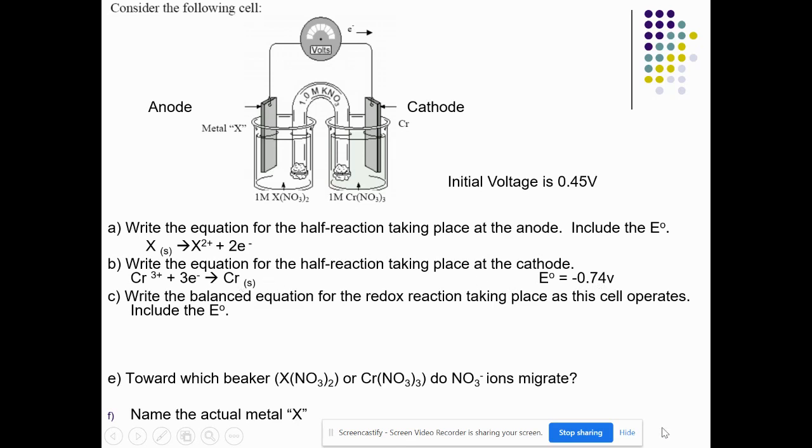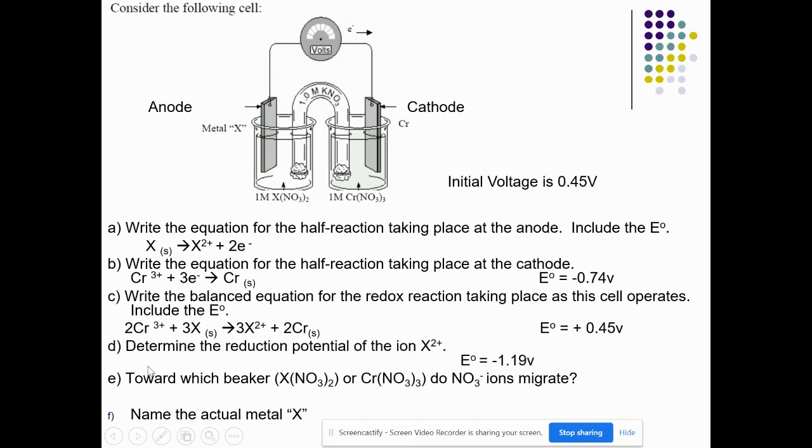All right, so since this is negative 0.74, and we know our initial cell voltage is 0.45, right? We can find out the voltage for our metal X. So determine the reduction potential of your X2+ ion. So this must be negative 1.19, the reduction potential.